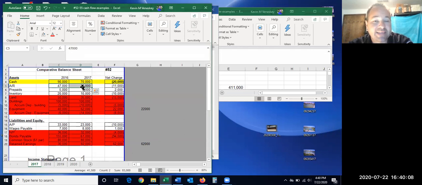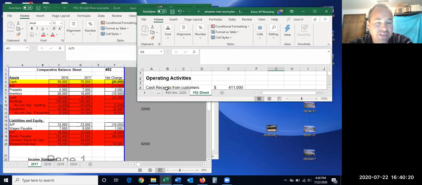I collected an extra 11,000 on top of the 400,000. So let's knock this out. And I come over here, cash receipts from customers. This includes the 400,000 in sales plus the additional AR that came in.